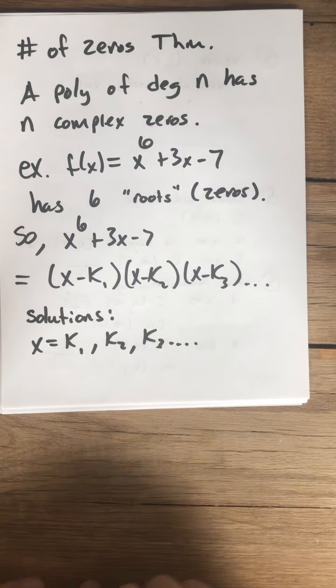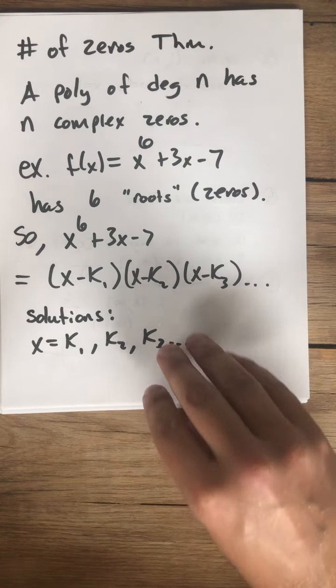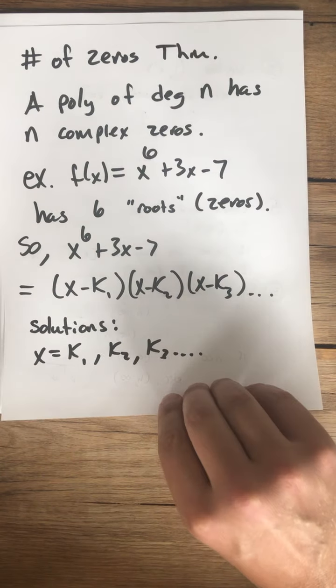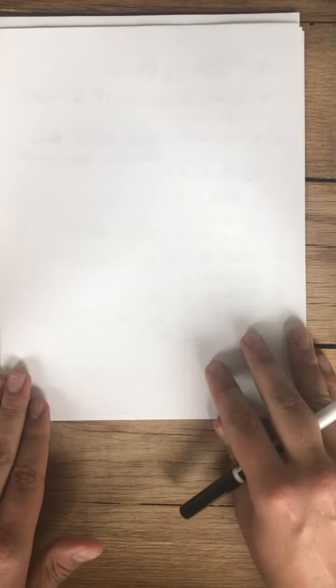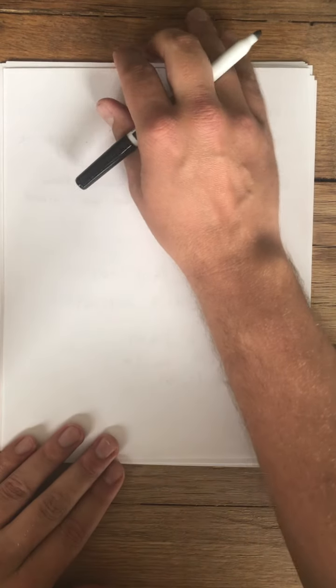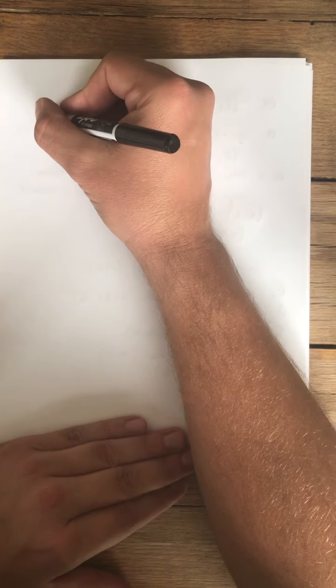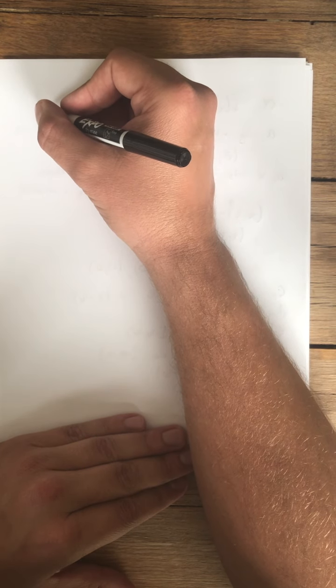Following the number of zeros theorem is the conjugate zeros theorem. It's also commonly called just the property of complex conjugates. This is on page 332.